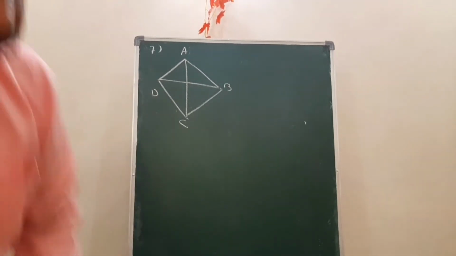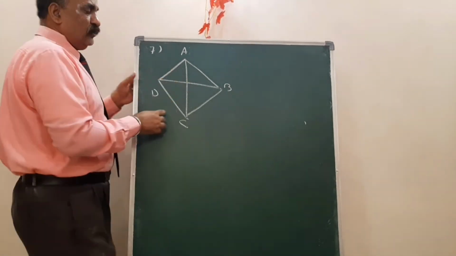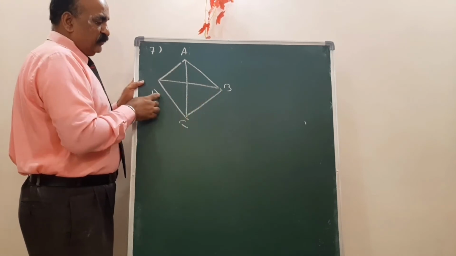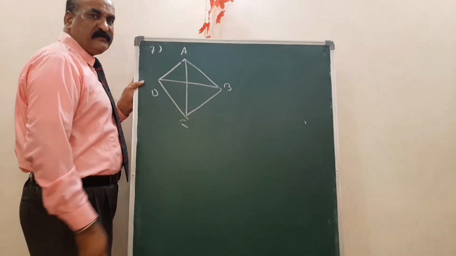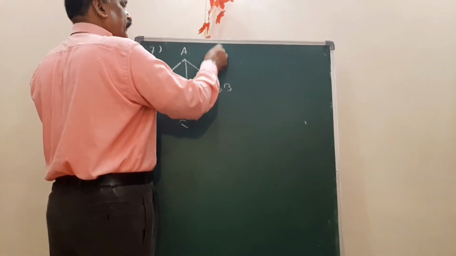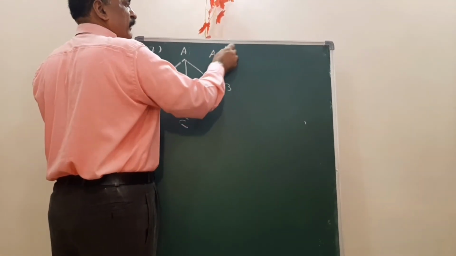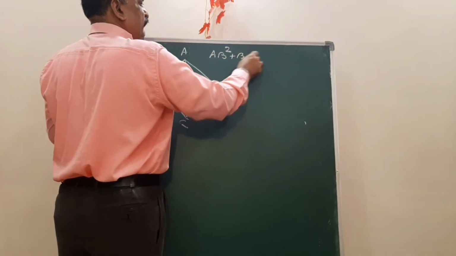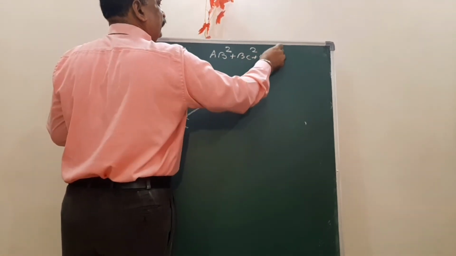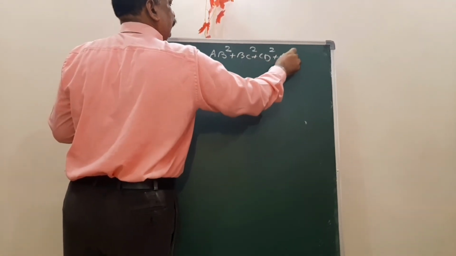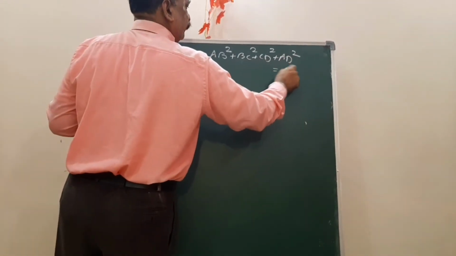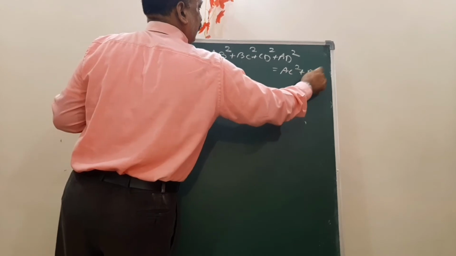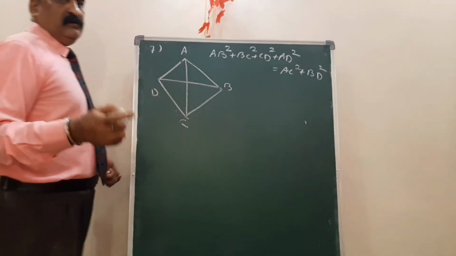What you have to show in this question? The sum of all the square of the side is equal to the sum of the square of its diagonal. It means to prove that AB square plus BC square plus CD square plus AD square is equal to AC square plus BD square. This you have to prove.